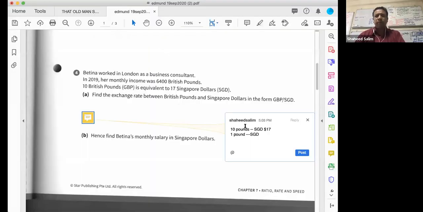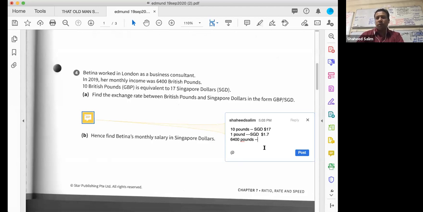Okay, over here. So 10 pounds is $17. 1 pound is how many dollars? 1.7. Okay, good. Then you want 6,400 pounds, and that's it. You know what to do, right?